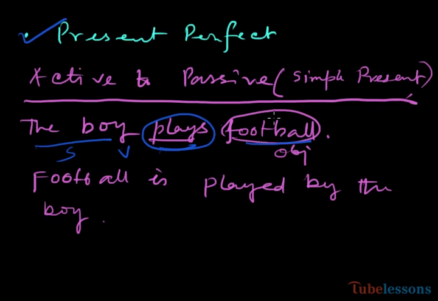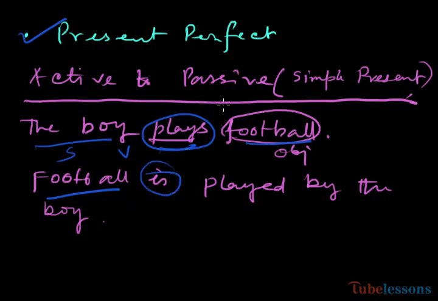Now, we'll bring football to the beginning. So, football. Now, we need to put a helping verb to complete the sentence. I have this be verb: am, is, are. These are the be verbs. In this case, since football is singular, I have put is.